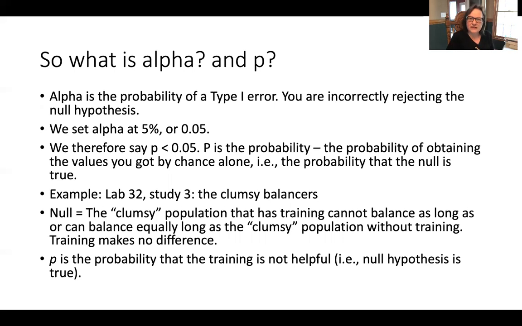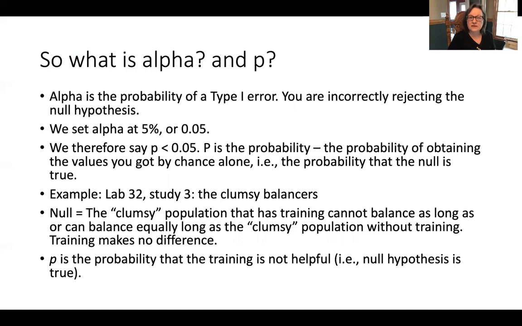For example, if you look at the homework you did for lab 32, we looked at study 3. This was the study of the clumsy people who are being trained to balance, right? The null hypothesis here is that the clumsy population that is training can balance equally as long as a clumsy population without training. In other words, training makes no difference. If you're clumsy, you're clumsy, the training doesn't matter.